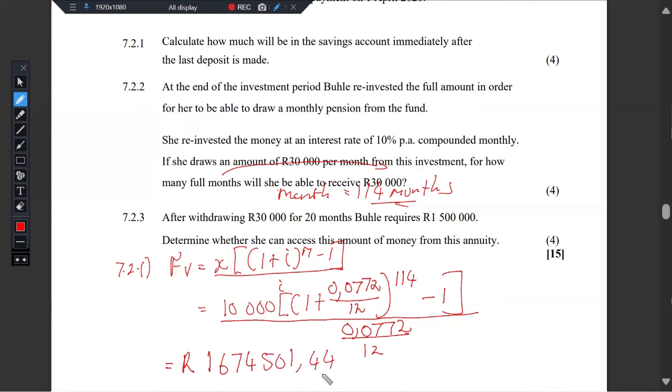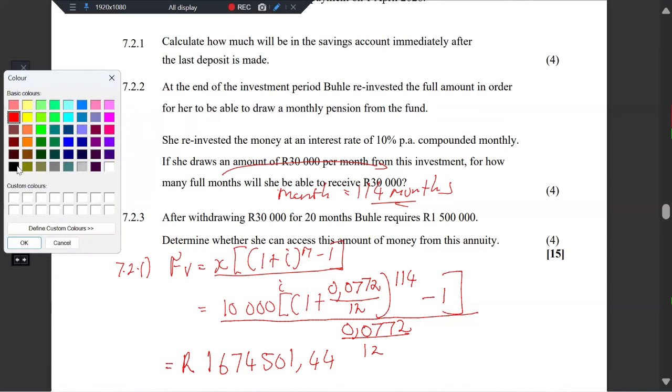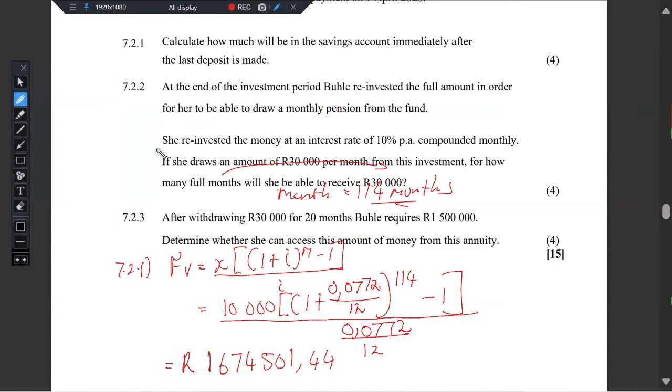1,674,501.44, right? So it's 1,674,501.44 cents. So this is the amount she is going to get after 114 months. Now, marks were awarded for substituting in the correct formula. Then marks were also awarded for having the correct value for i.